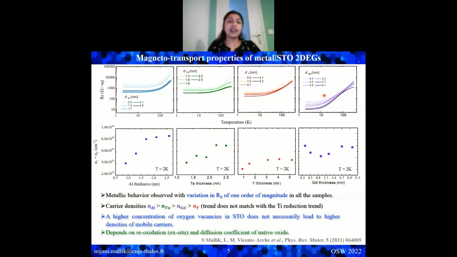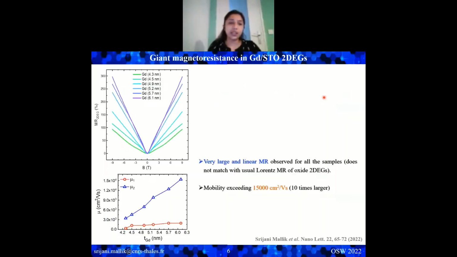So we did the magnetoresistance measurement. And normally in the case of oxide 2DEGs, the magnetoresistance measurements are very parabolic in nature. However, in this case, we saw a very large and completely linear MR, which is very unusual for oxide 2DEGs.